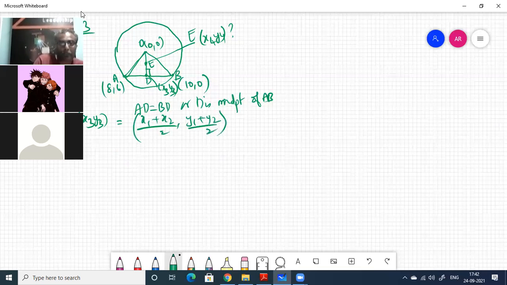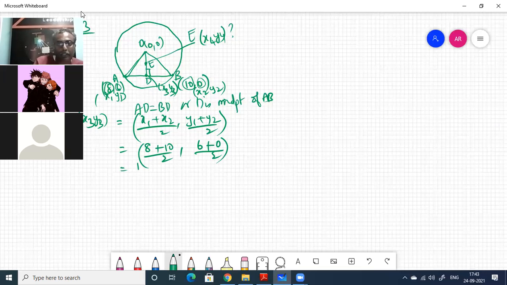That is equal to (8 plus 10) by 2, comma (6 plus 0) by 2. That is 18 by 2, comma 6 by 2, equal to 9, comma 3. So D is 9, comma 3.